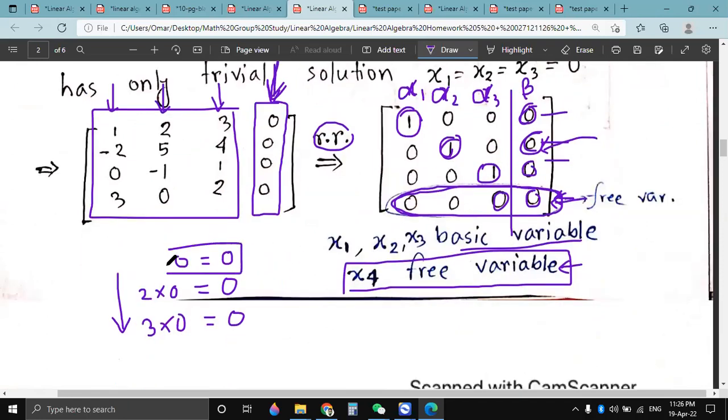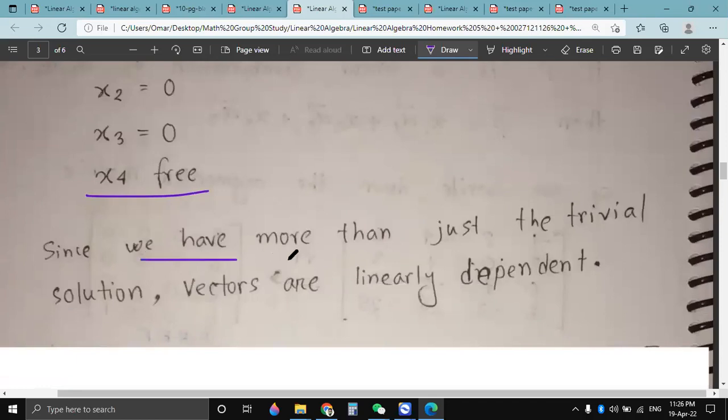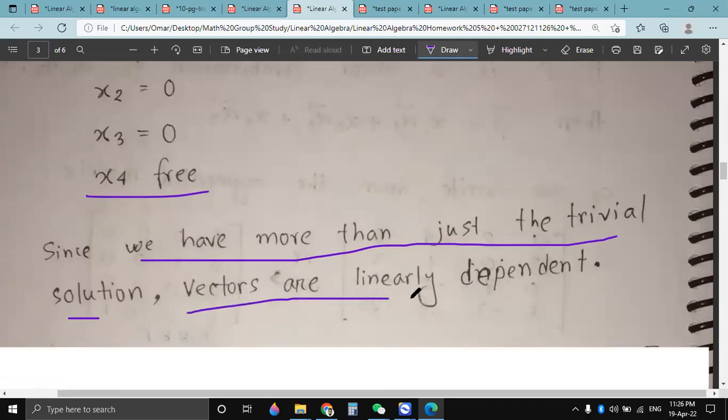That means it has a lot of solutions. So x4 is free. So since we have more than just the trivial solution, the vectors are linearly dependent. So if there is more than one solution, or more than just the trivial solution, the vectors will be linearly dependent. Maybe yesterday I told some kind of tricks.